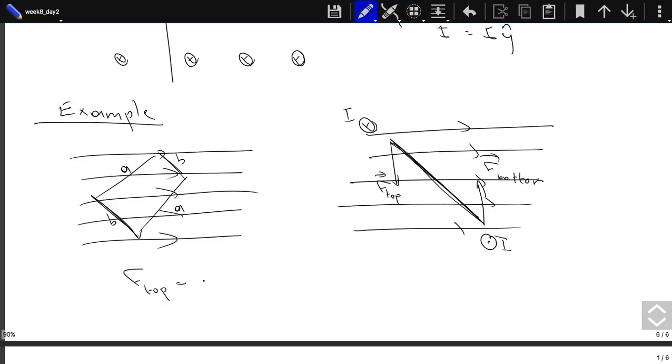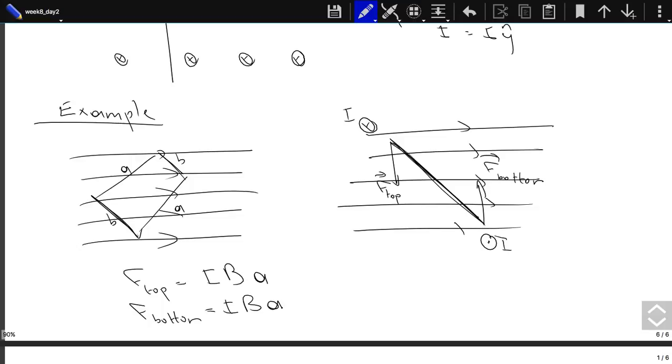So F top is nothing but I times B. This is the force per unit length. But the length of the top part is a. So this is the force acting on the top. And similarly, the magnitude of the force acting on the bottom is again exactly the same. It's just the directions are different.